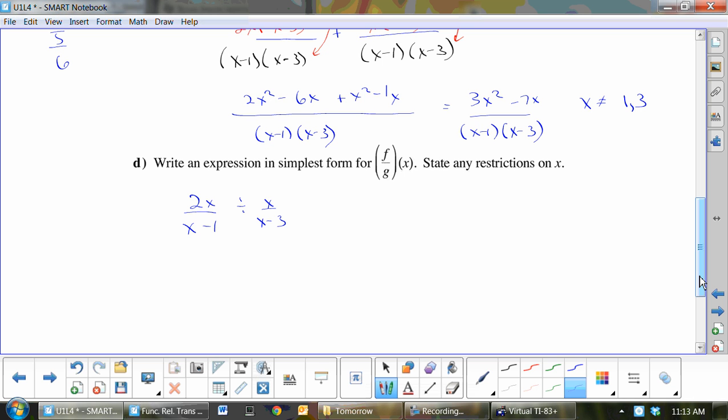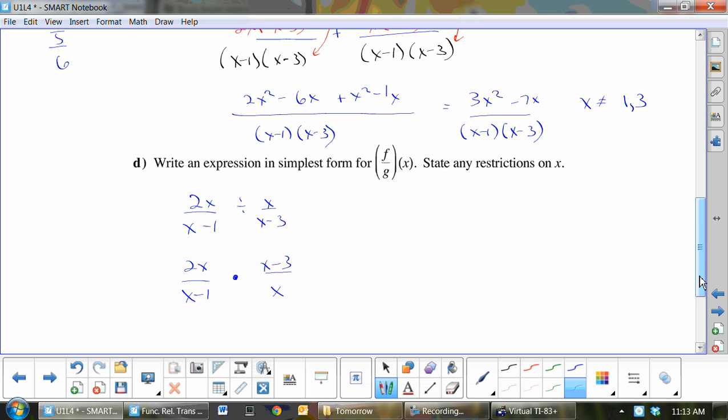So, what is division of a fraction? What's the same thing? Multiplying by the reciprocal. So then I'm going to go 2x over x minus 1 times x minus 3 over x. And I'm going to get rid of this times sign because it might shove another x in there. And remember, if only one of you makes that mistake in here, that's too many, right?